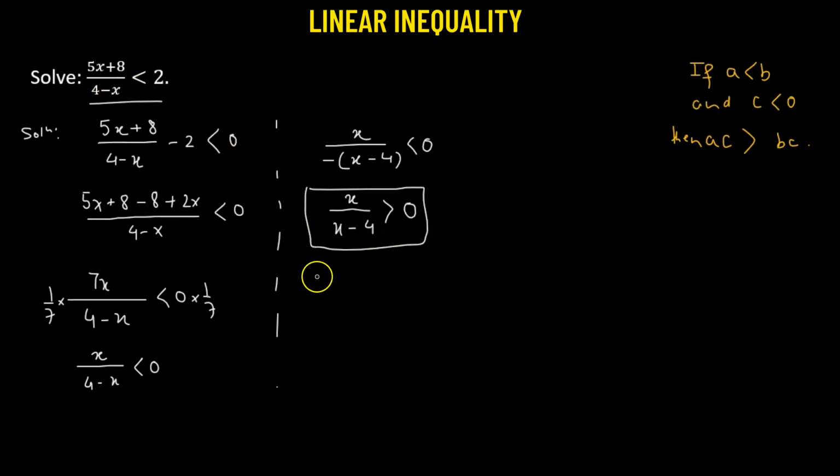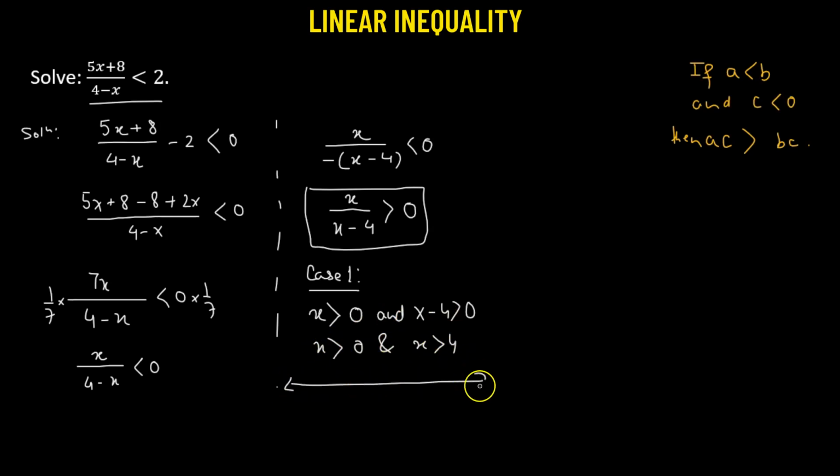Now let's consider two cases. Case number 1: since we have a rational expression x/(x − 4) greater than 0, both the numerator and the denominator are positive. That means we are dividing a positive number by a positive number to get a positive value. So we have x > 0 and x > 4.